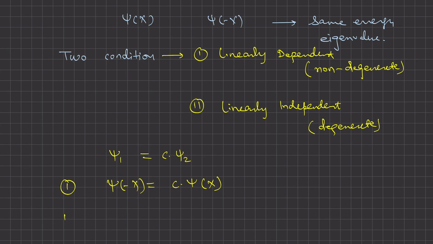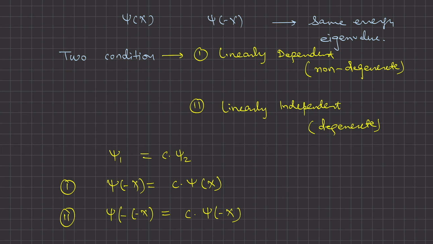Now we can again try to reflect. So we can take this minus x to be again minus x. This is the reflection which we want. So it will lead you to some constant c again times psi of minus x. So we have followed one only here.